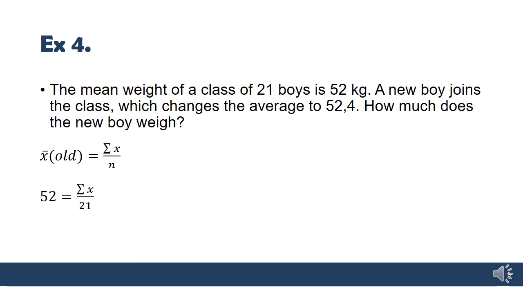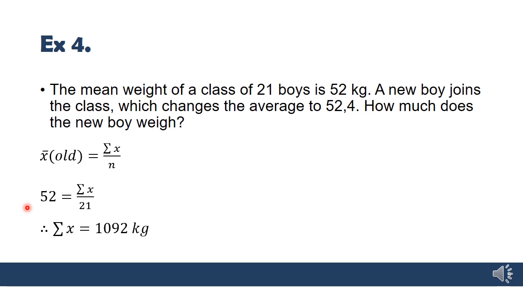So I know that the mean was 52, and that was for 21 boys. I don't know what their total weight was, so what the sum was, but I can multiply across by 21. So the sum of all of these 21 boys' weights was 1,092 kilograms.